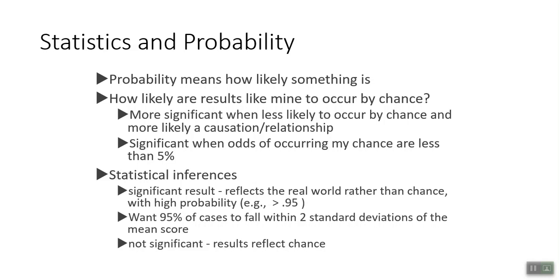So the probability it's not due to chance should be 95%. Okay, we want 95% not due to chance. What does that tell us? We want that 95% of cases to fall within 2 standard deviations of the mean.